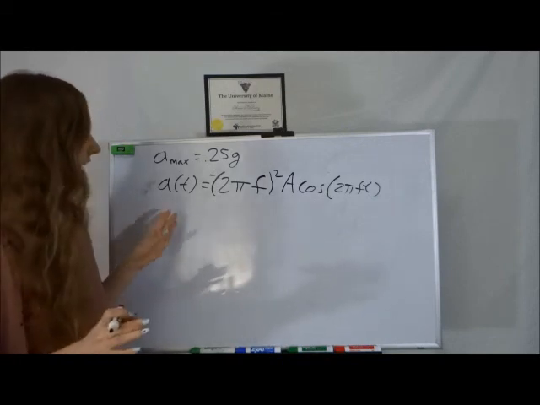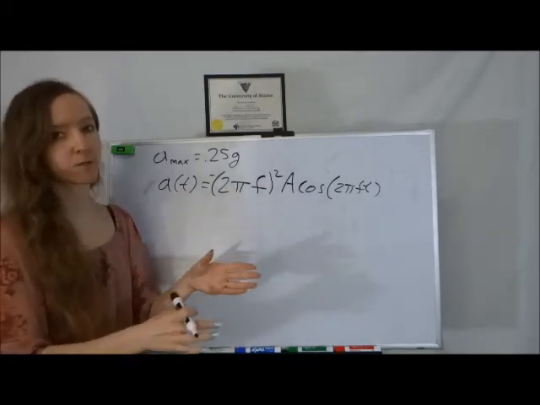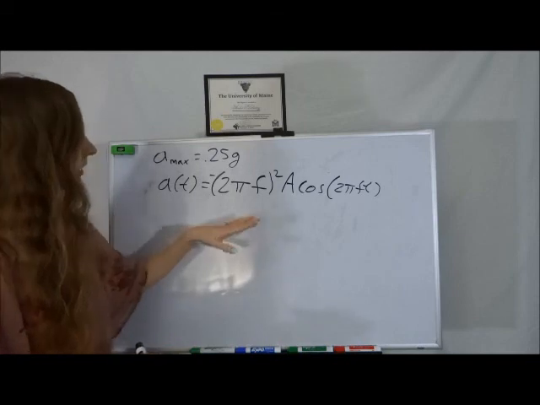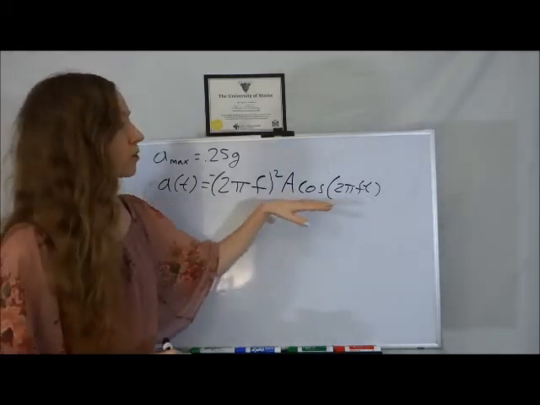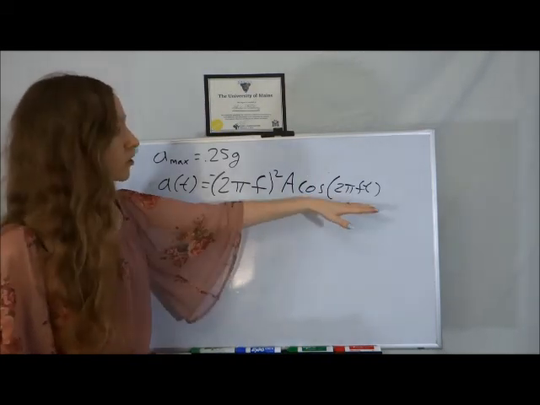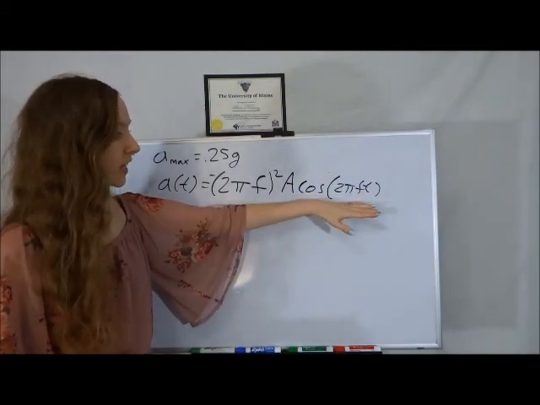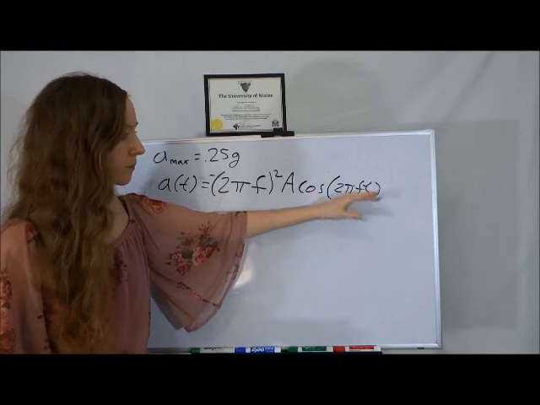So the idea is that we have to think about what the maximum value of this function would be. Now, this right here is a constant. This is a constant. Cosine is the only thing that varies. So the maximum value that cosine takes on is going to be 1.